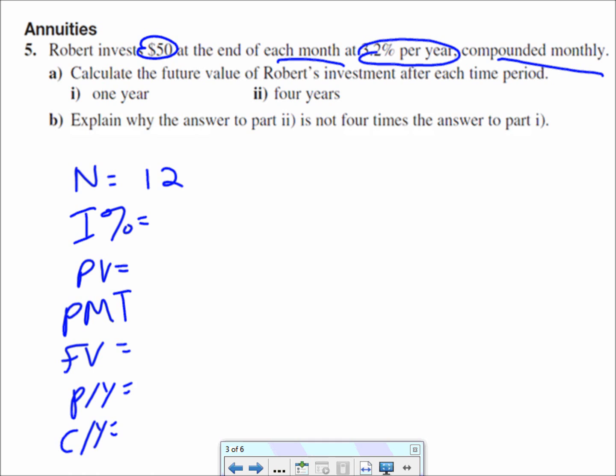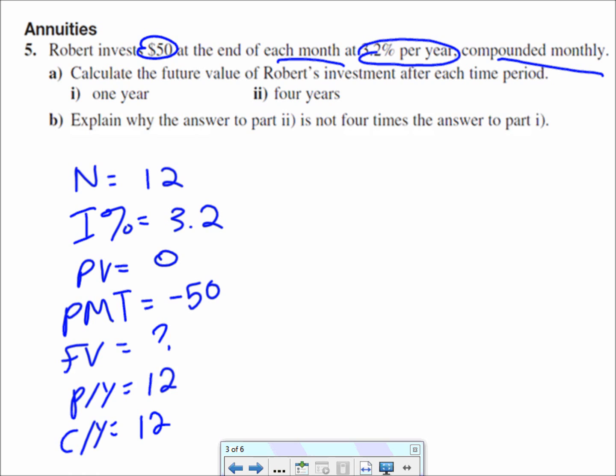Our yearly interest rate is 3.2. Our present value is 0. Our payment is negative 50, remember, because we're taking it out of our bank. We're calculating future value, so I'll put a question mark. Payments per year is 12, because we're doing it monthly, and it's also compounded monthly.